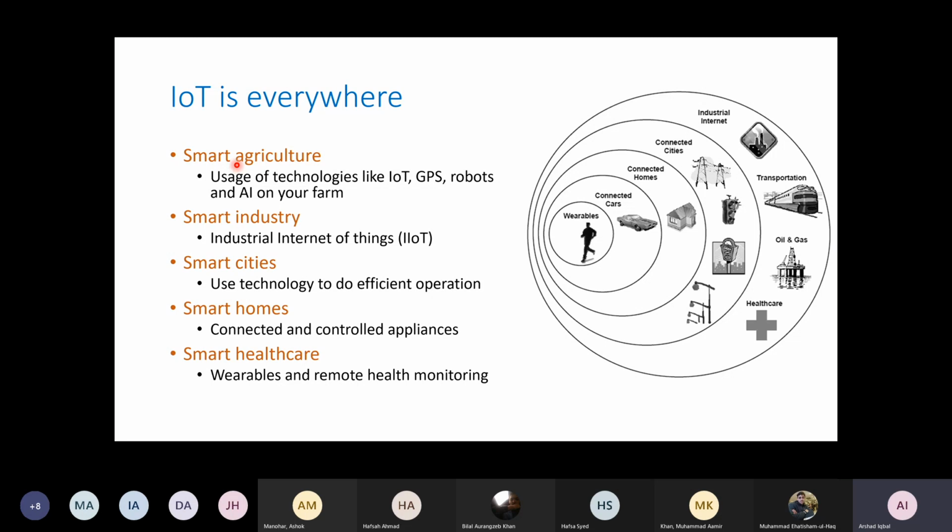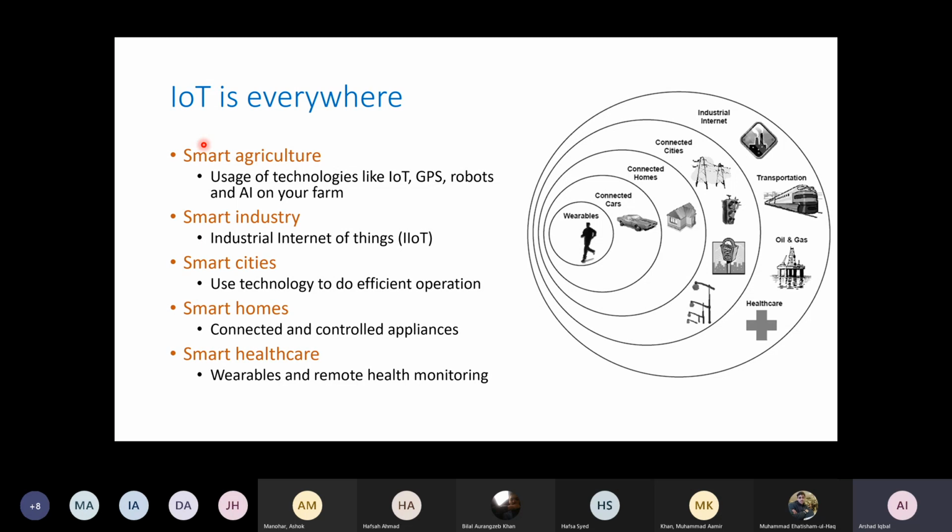If you could see in this figure, there are different layers, starting from wearables, connected cars, connected homes, connected cities, and connected various facilities like industrial internet, transportation, oil and gas, and healthcare. So basically, it could be divided into smart agriculture, smart industries, smart cities, smart homes, and smart healthcare.